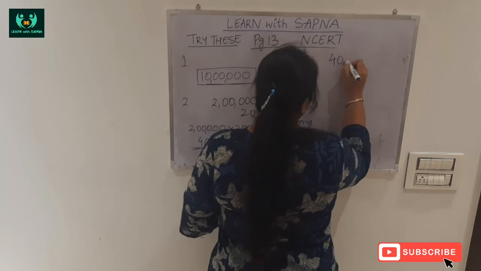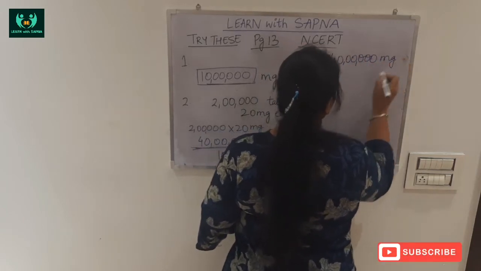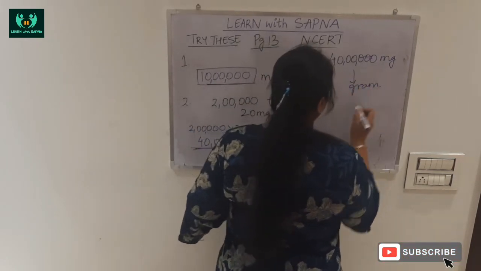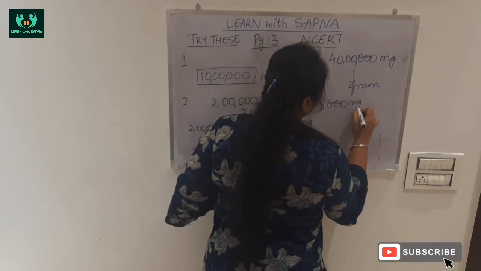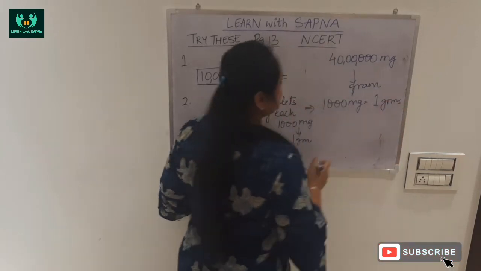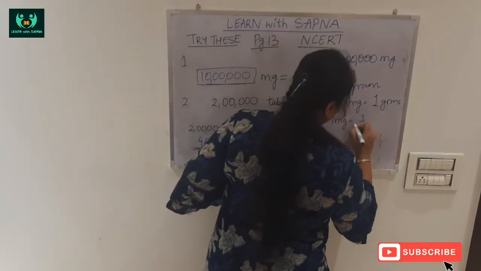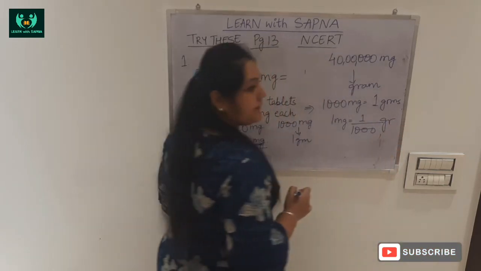We have 40 lakh milligrams which we have to convert into grams, right? Now we know 1000 milligram is equal to 1 gram. So 1 milligram is equal to 1 divided by 1000 grams.